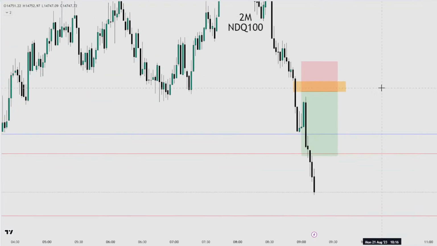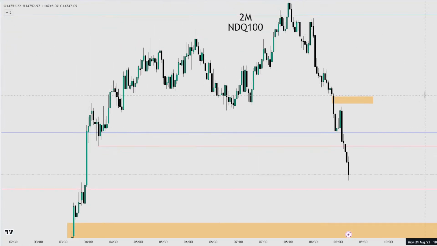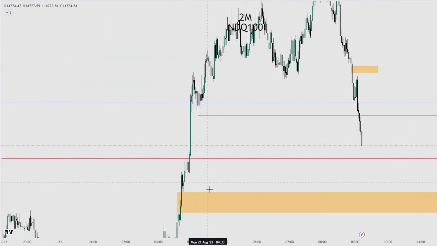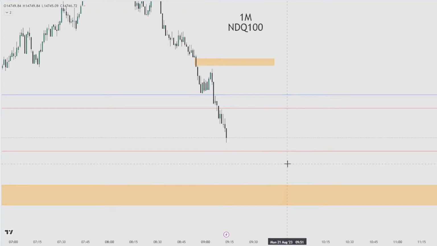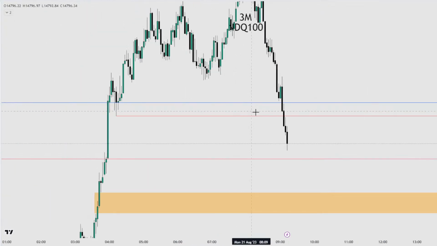2-minute doesn't look too good as well. Yeah, we're going for an imbalance probably. So 3-minute, the fair value gap looks decent actually right here.